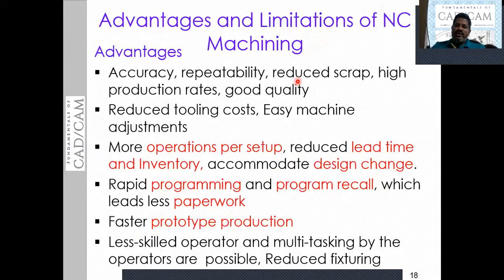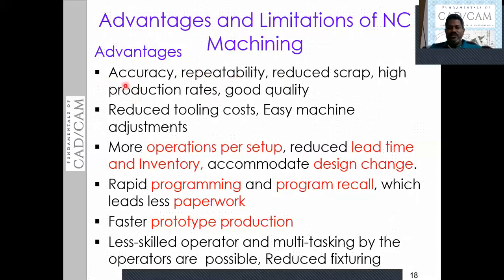When it comes to the advantages and limitations of NC machining, it gives us accuracy, and we can repeat the same program. Once we prepare a program, it can be repeated any number of times, which is also a flexibility. Once we prepare a punched tape or a punched card, we can reuse it until the tape or card is spoiled.